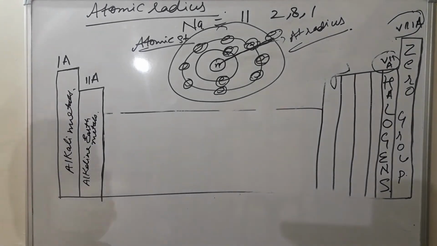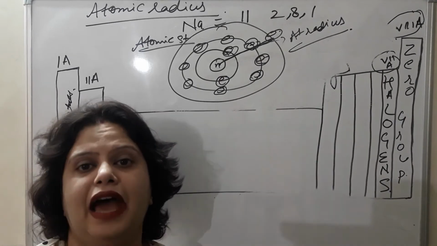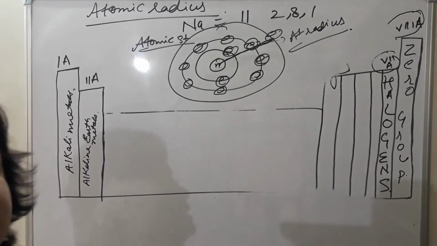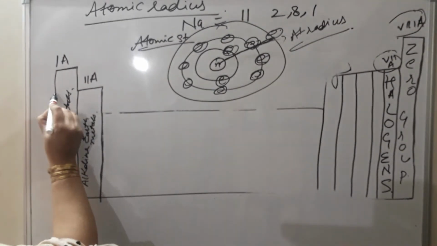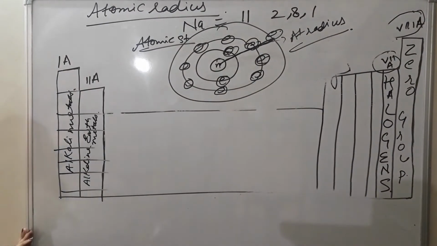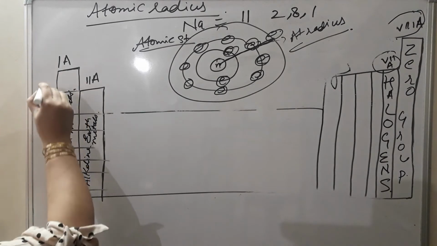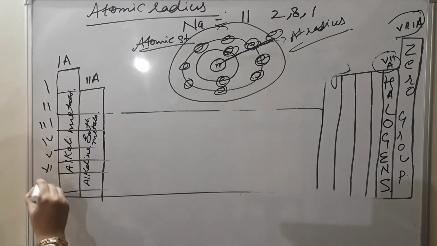Now how atomic radius changes across the period and down the group, that we have to do. So first of all we will discuss what happens to this atomic radius as we move down in the group, from top to bottom in the modern periodic table. As we move down, see, this is the first period, second, third, fourth, fifth, sixth and seventh.